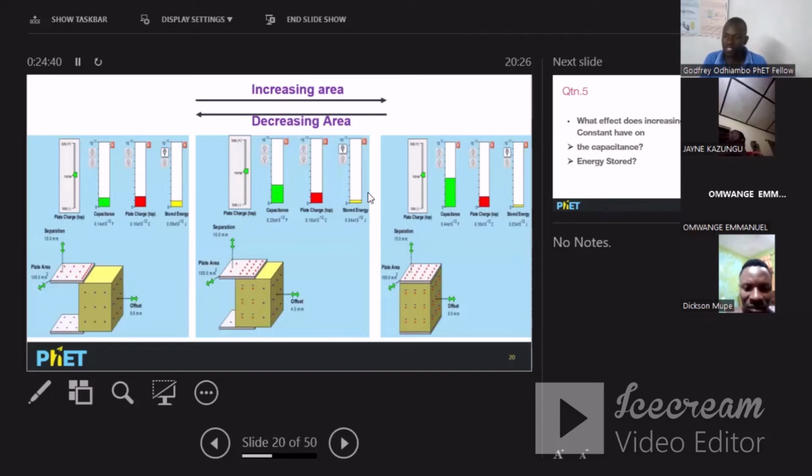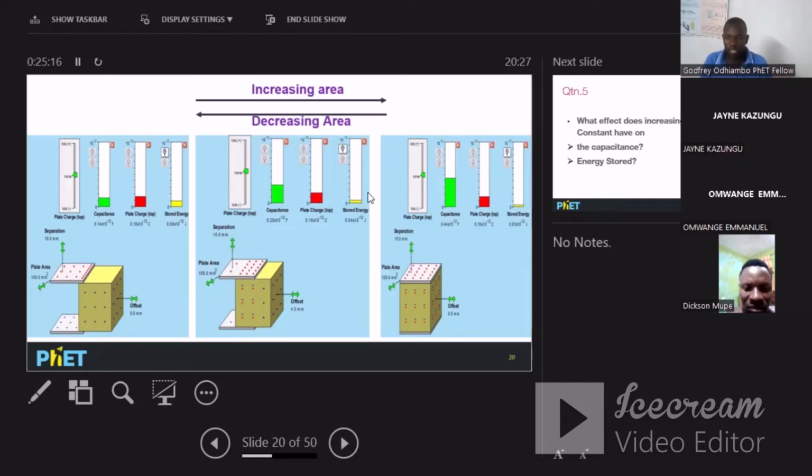In the first case, the area of overlap is smaller. The capacitance is 0.14 times 10 to the negative 12. In the middle part, the area of overlap is greater than the first, and the capacitance is 0.28 times 10 to the negative 12 farads. On the right side, the area of overlap is a maximum.